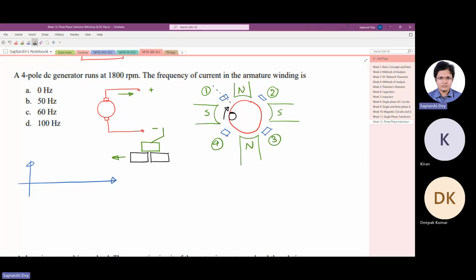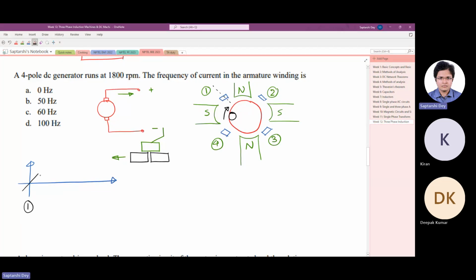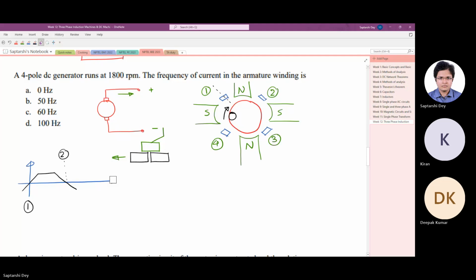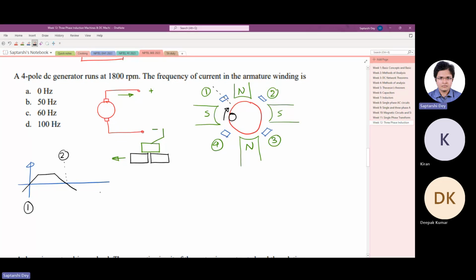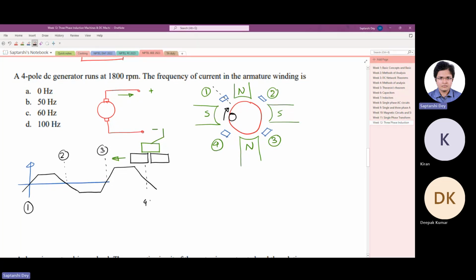If you draw the current in the coil, say at position 1, it sees the first positive zero crossing like this. Then it remains constant on the next polar region under the pole. Again, it sees the next zero crossing at brush 2. Then it keeps going like this. Brush 3. Brush 4.